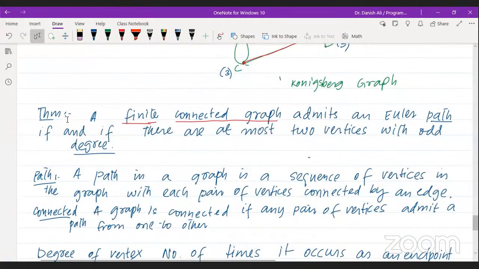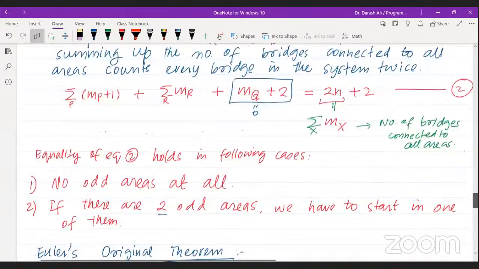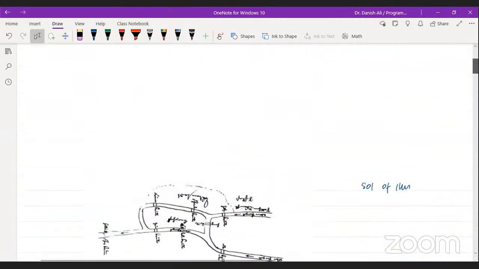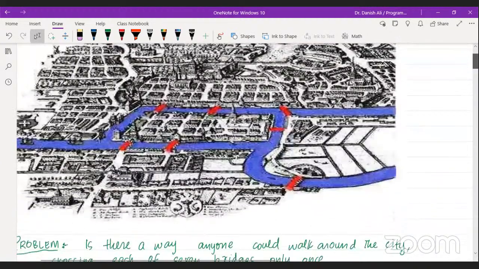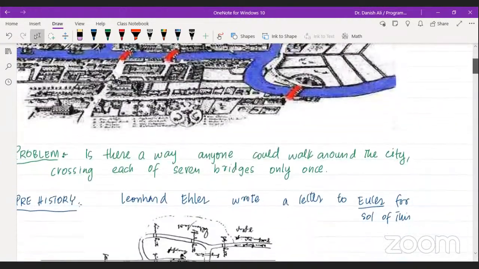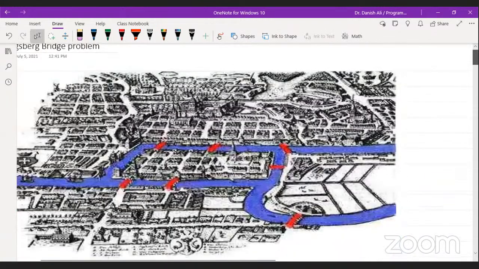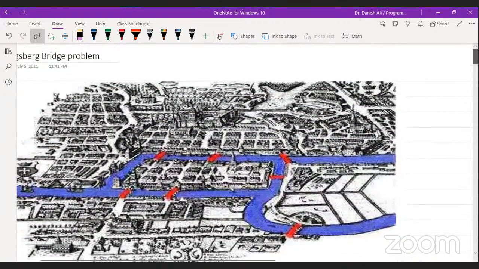But I was thinking that it would be interesting for you to see how Euler proved the theorem, the original problem and the general problem as well, and how people invent or discover mathematical ideas, whatever we call it. If you have any question, please ask me.